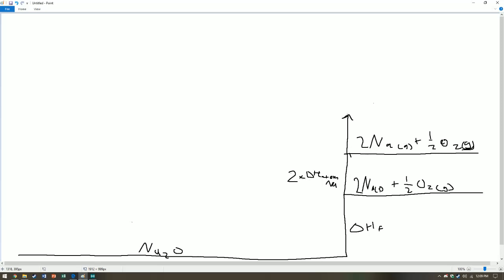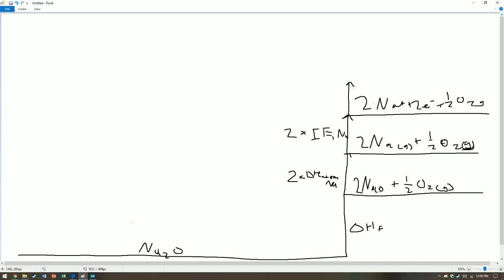Then I want to ionize the sodium atoms, so 2 Na plus 2 electrons plus half a mole of O2 gas, and this would be 2 times the first ionization energy, IE1 of Na, and note that again it's 2 because there's 2 sodium atoms.